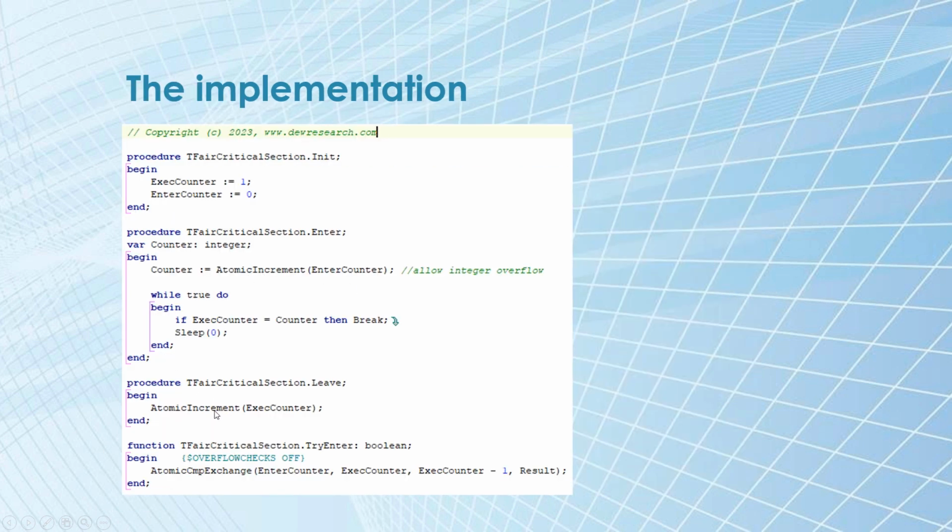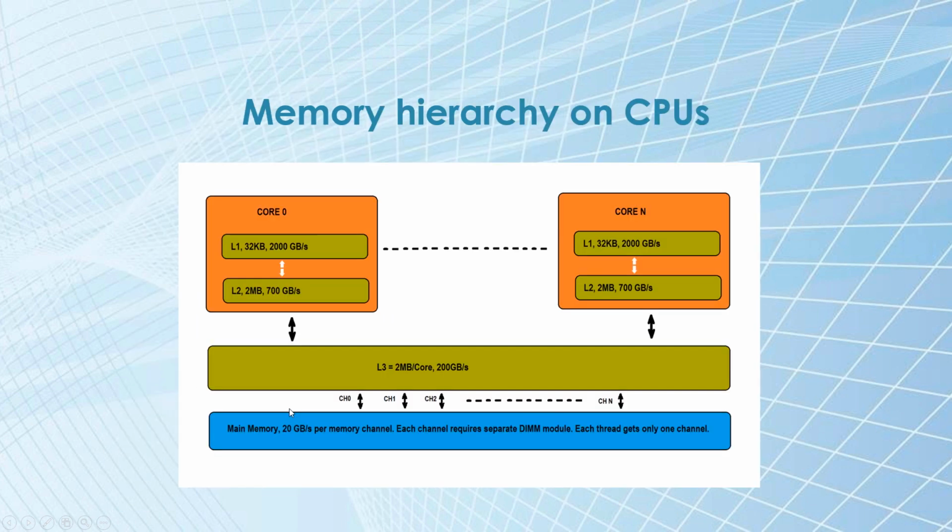And the same situation happens when we are calling the leave or exit. We are incrementing another counter, and again we are communicating, or publishing, the value back to other cores.